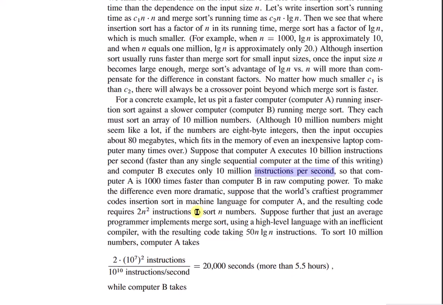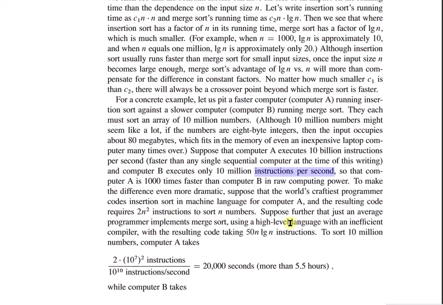This binary code is hard to code in, but that is how people used to code in the 1950s and 1960s. They are saying that the craftiest programmer codes insertion sort in machine language so that there is no need for assemblers and compilers.